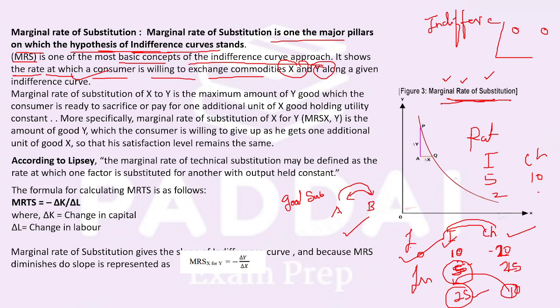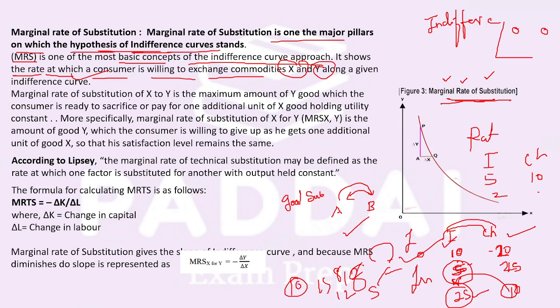No. Am I ready to go below 5? May not be. Am I ready to take 8? Yes, 8 can be there, right? I am ready even to take 15 or 10 ice creams and 20 chocolates. Similarly 15, similarly 12, similarly 18. This can be the combination, right? So to what extent I am substituting a product is called the marginal substitution rate.